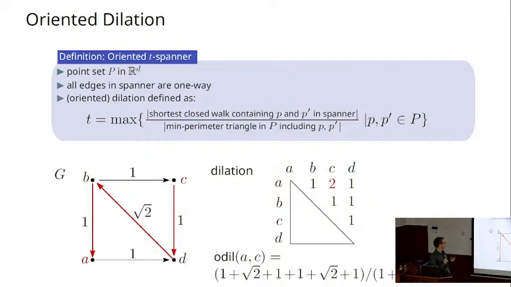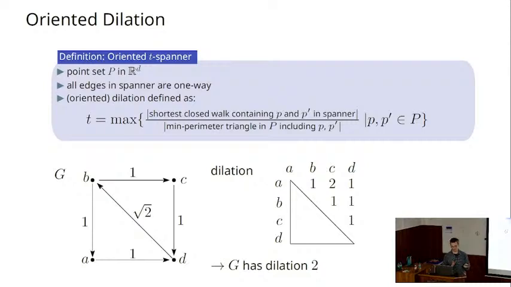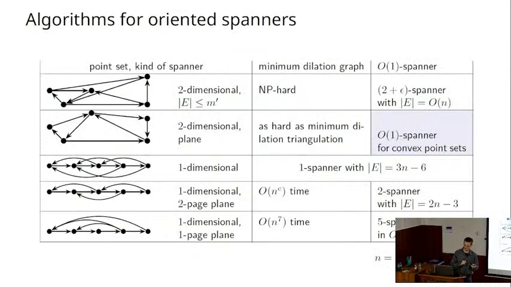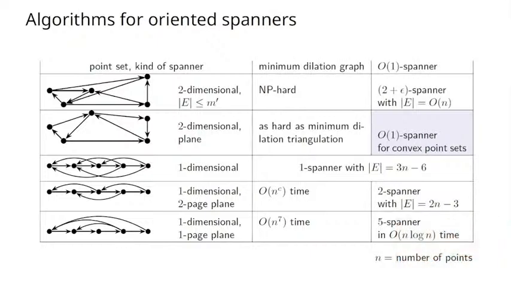Okay, so that's the definition. Here's kind of a table of a subset of the results that we have. We started off in 1D because everything was hard in 2D. There's still plenty of interesting problems in 1D, but we did now come to work on 2D problems.